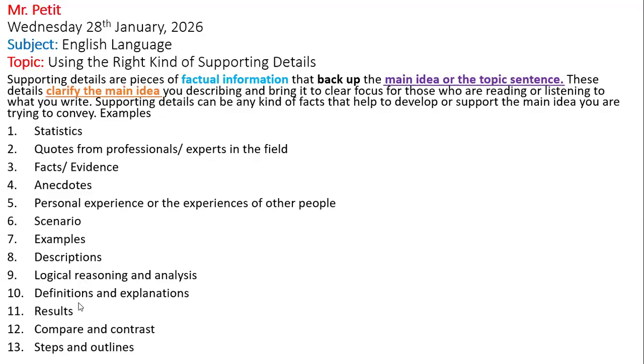Statistics is a good one. Yes. What else could be used? Logical reasoning and analysis, definitions. Very good. Personal experience or the experiences of other people. So those are certain things that you could leverage to develop your paragraph.